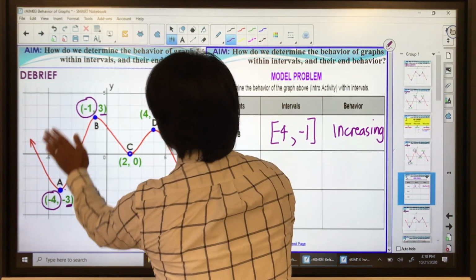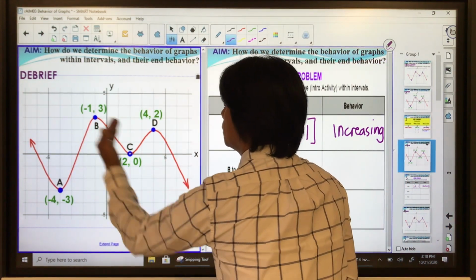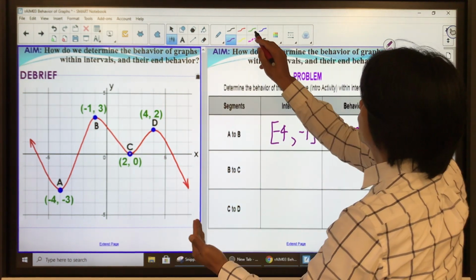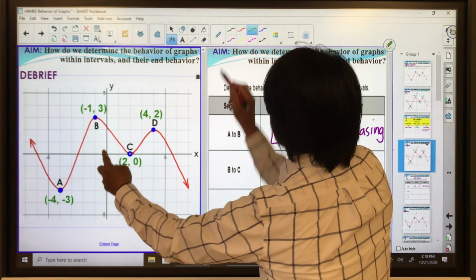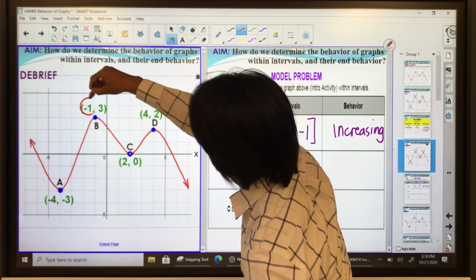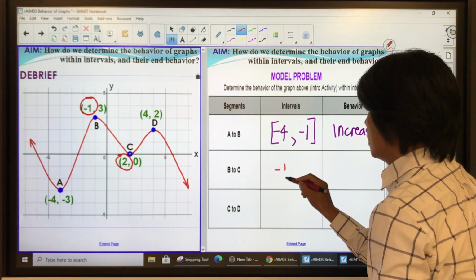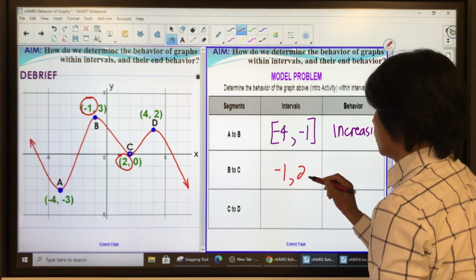Now let's have segment B to C. Let's clear this up. Reading from left to right, so B, C. Alright, now what's the interval? Again, for the interval, you take the x values, right? So -1, comma, +2.